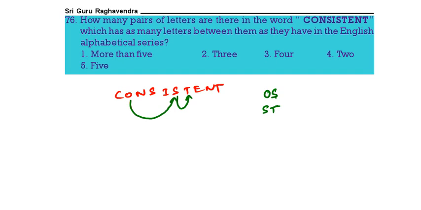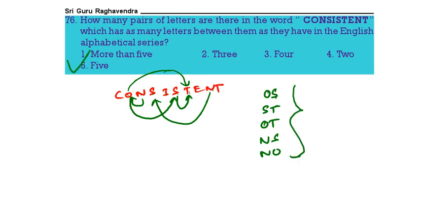Similarly, O, P, Q, R, S, T, that means O, T is the third pair. Next, N, O, P, Q, R, S. N, S is the next pair. Next we are having N, O. N, O is the next pair. So how many pairs are we getting? 5 pairs we are getting. 5 is the correct answer.